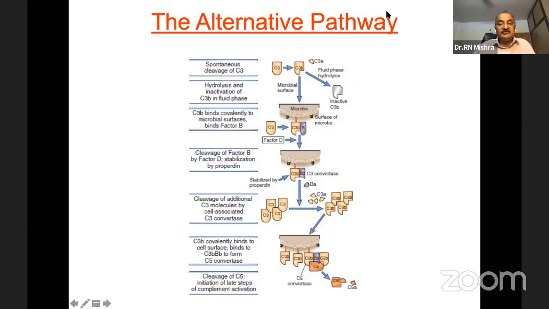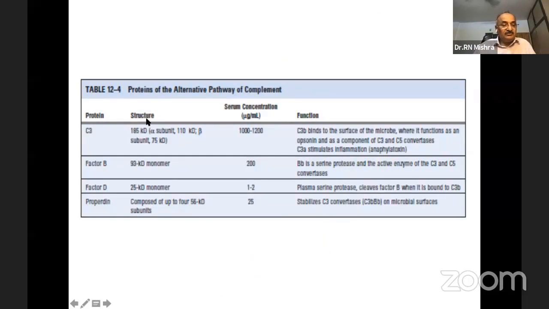So this is independent of antigen antibody interaction. It can get activated like this. So the main proteins are C3, factor B, and factor D, and properdin.